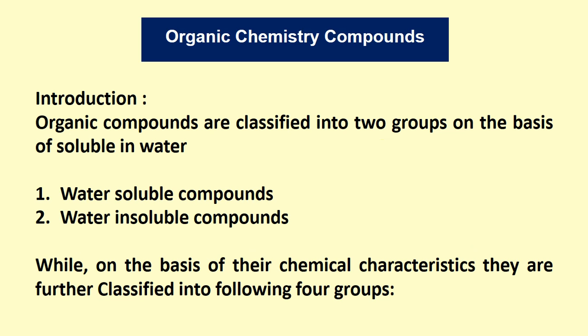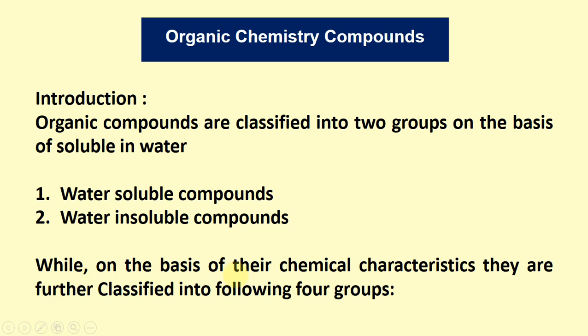What is organic chemistry practical? Organic compounds are classified into two groups on the basis of solubility in water: the first is the soluble compound and the second is the insoluble compound.